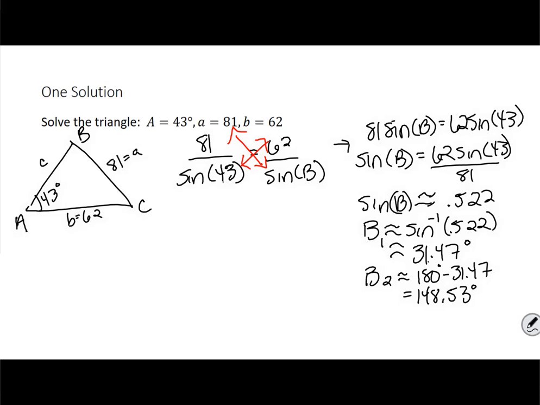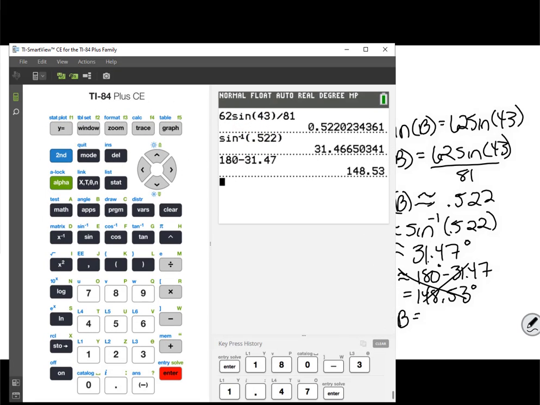Will that fit in my triangle given angle A? Well, no. This one doesn't work because angle A is already 43 degrees. So A plus B is already going to be way greater than 180 degrees. So 43 plus 148.53 is 191.53.